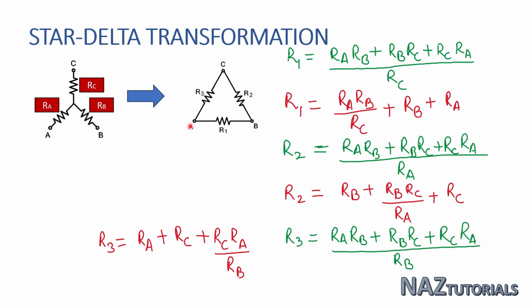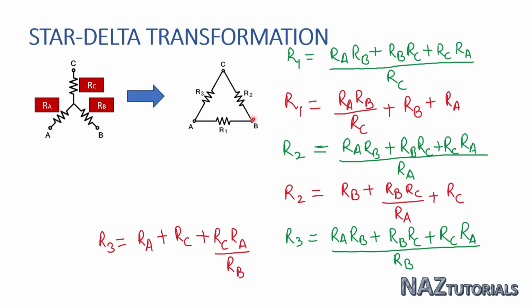The resistance between point A and point B, that is R1 for delta, that is RA-RB plus RB-RC plus RC-RA divided by opposite point resistance RC. Here you can derive R1 is equal to RA-RB divided by RC plus RB plus RA.